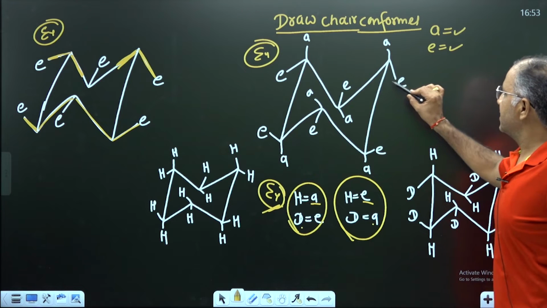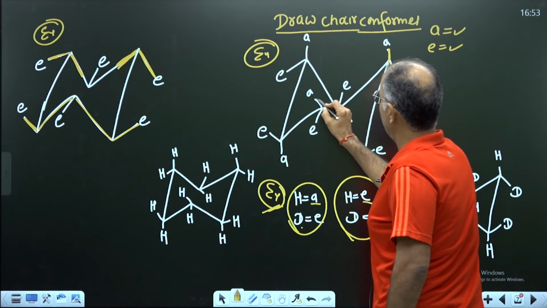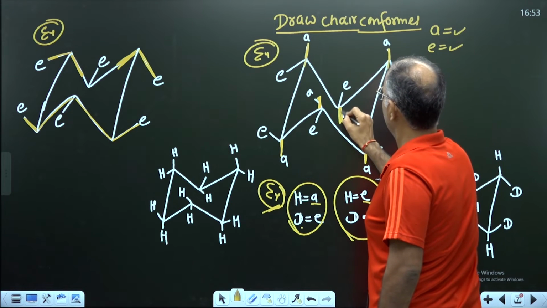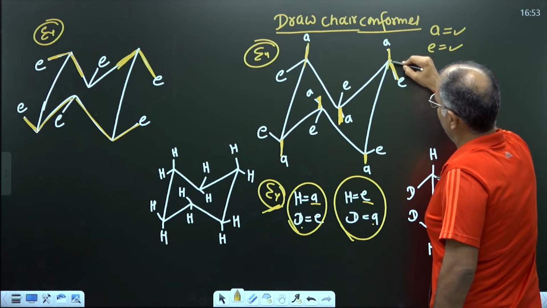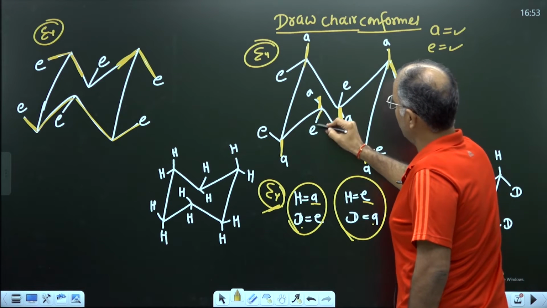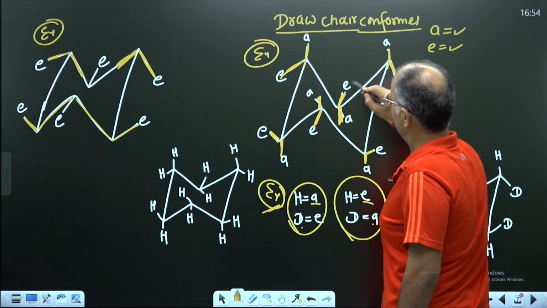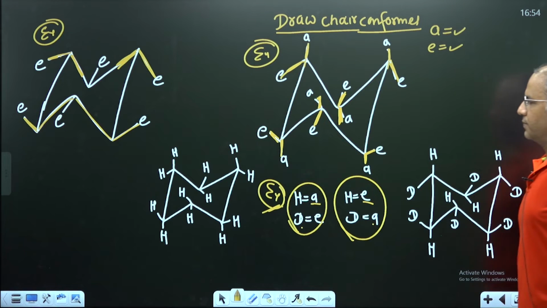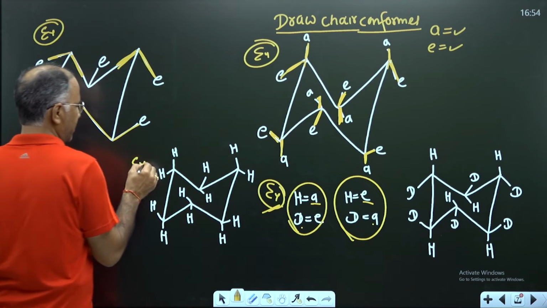Now let us explain this example. In this example, the A represents axial, up, down, up, down, up, down. Okay? And E is equatorial, parallel to the next carbon-carbon bond. Got it? Now draw this cyclohexane.